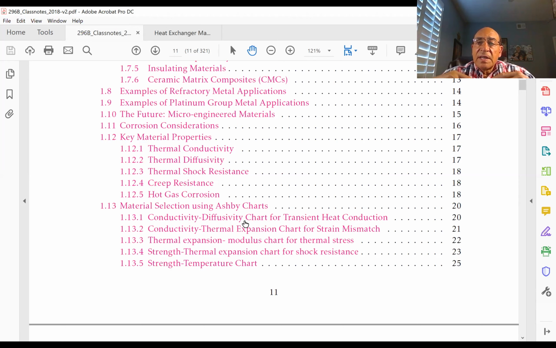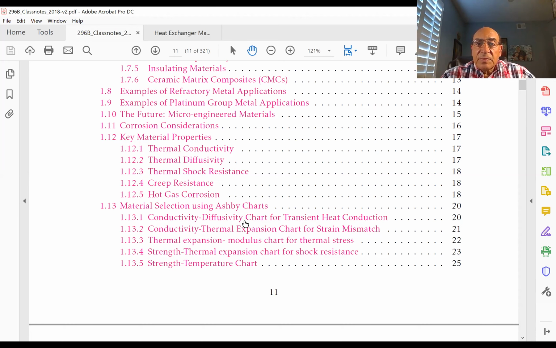For example, if I'm interested in classifying materials related to their thermal shock resistance, then I would have two properties that can describe the thermal shock resistance. And from there, I can group the materials in bubbles on that chart. Each bubble will tell me the relative resistance of the materials within related to thermal shock, and so on.